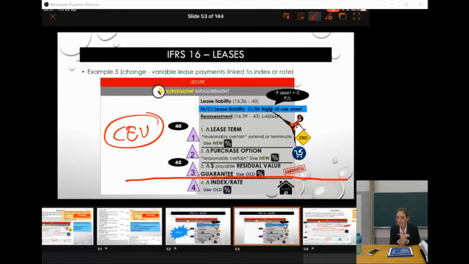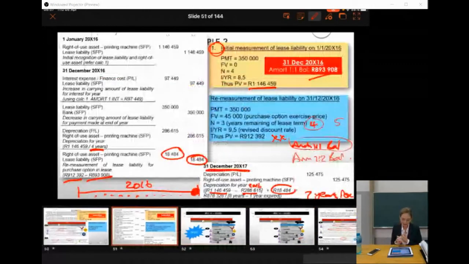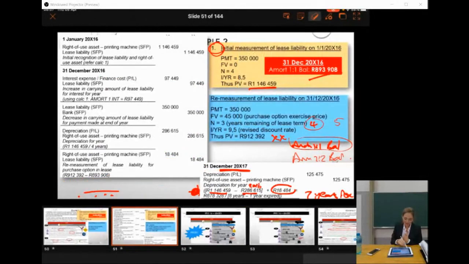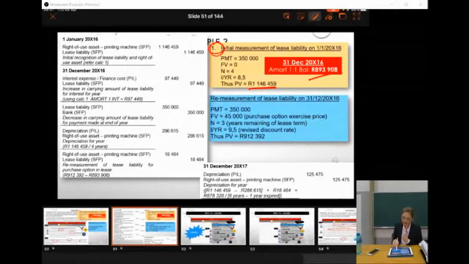How would all these adjustments affect the deferred tax and the current tax calcs? Okay, good question. Remember that when we do our remeasurement here at the end, we are now messing with the carrying amount of the right of use asset and the lease liability.